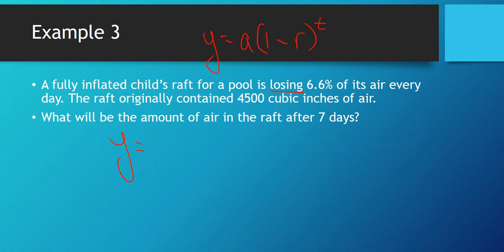So let's put our numbers in. A is our starting amount, our air amount, 4,500. 1 minus r, 6.6% is 0.066. T is 7 days. So we can go ahead and put this into our calculator.